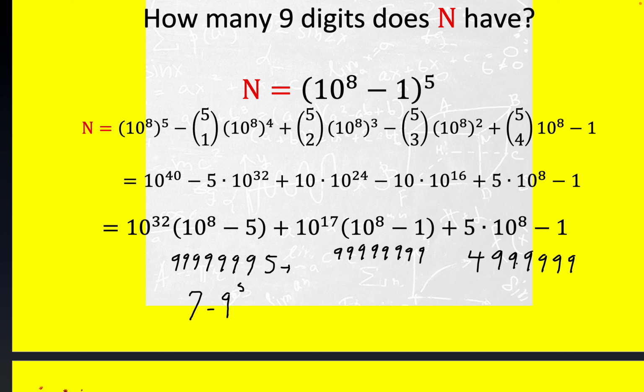What do I have? 1, 2, 3, 4, 5, 6, 8. So we have 8 nines here. I'll write it the same way just for consistency. And again, we have 8 nines here.